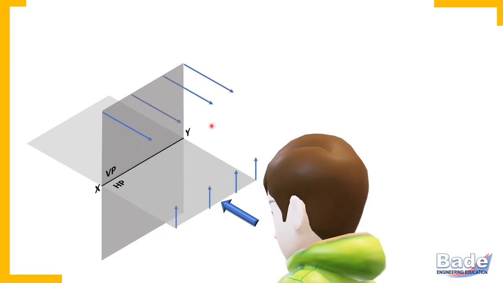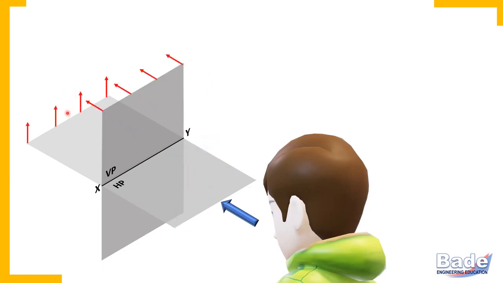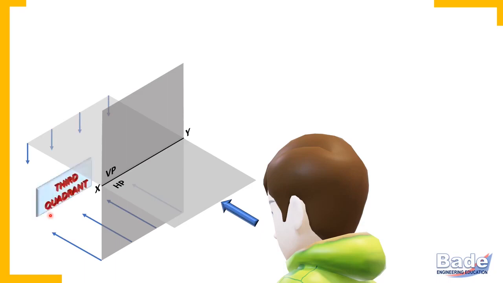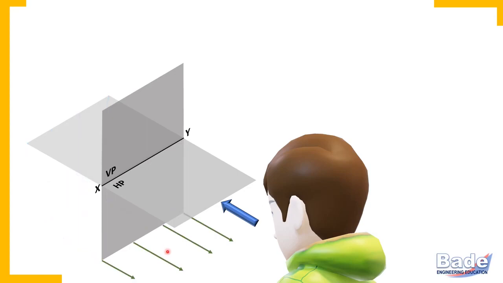Portion in front of VP and above HP, that is the first quadrant. Portion behind VP and above HP, that is the second quadrant. Portion behind VP and below HP, that is the third quadrant. And portion in front of VP and below HP, that is the fourth quadrant.